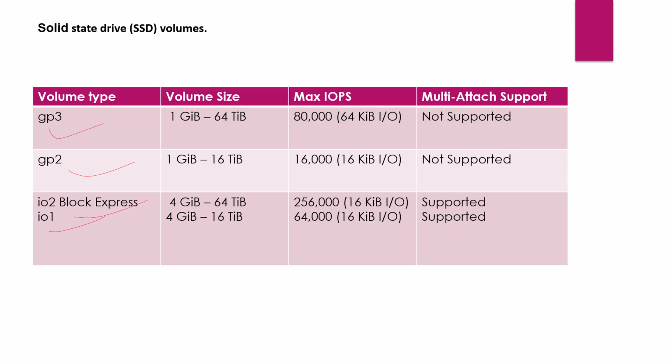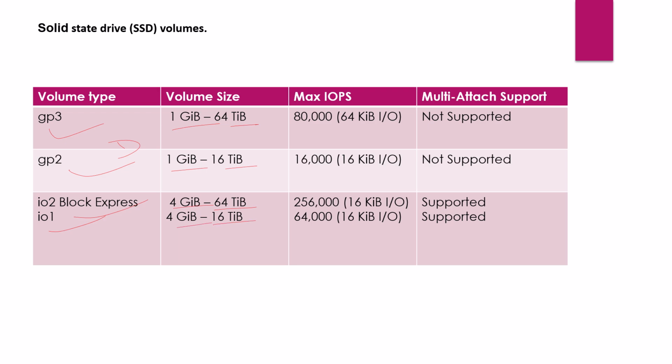In many organizations the preferable EBS volume is GP3 because of the cost. You can assign 1 GB to 64 terabyte for GP3, and for GP2 1 GB to 16 terabyte. For IO2 it's different, 4 GB to 64 terabyte, and 4 GB to 16 terabyte.